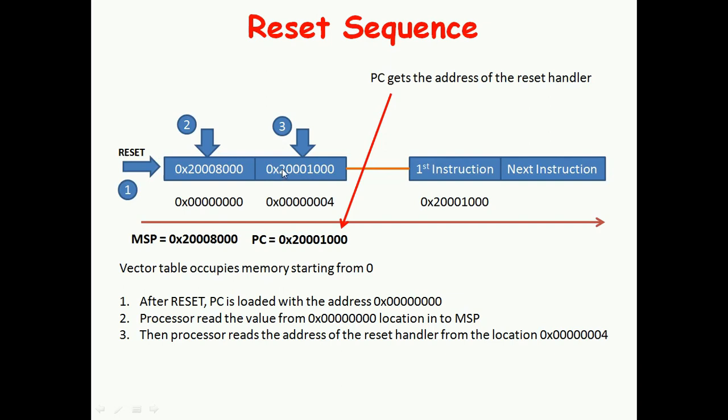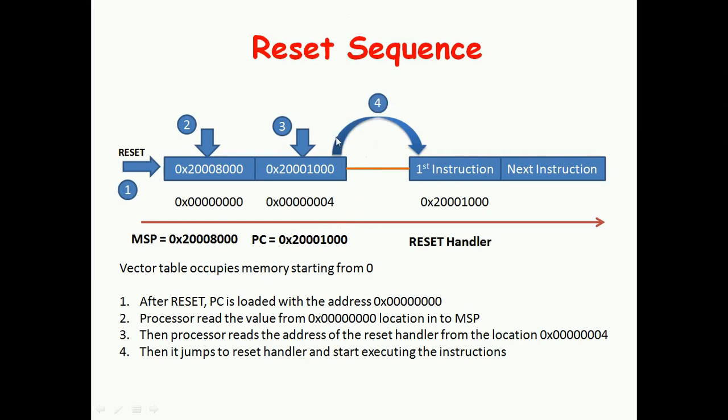After this, PC will be loaded with this value, that is PC equals this value. After that, it will jump to that memory address wherein the first instruction of the reset handler is, and start executing. First instruction followed by next instruction, and so on till the entire reset handler completes.